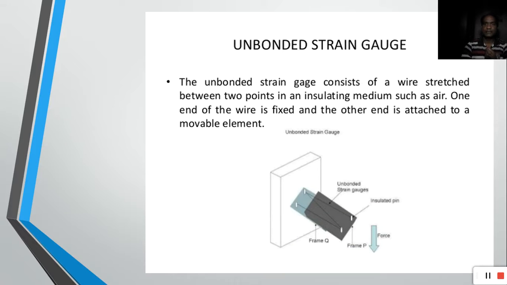Unbonded strain gauge consists of a wire stretched between two points in an insulating medium such as air. One end of the wire is fixed and the other end is attached to the movable element.